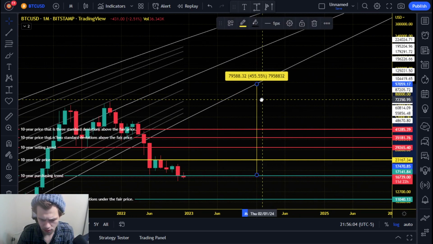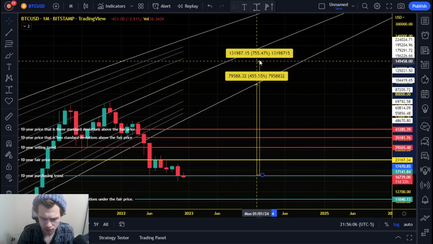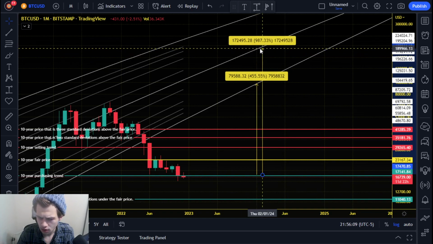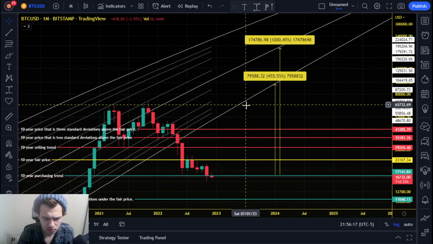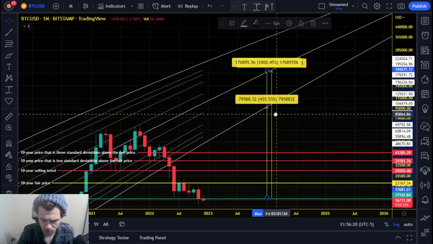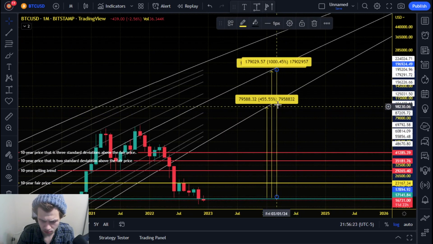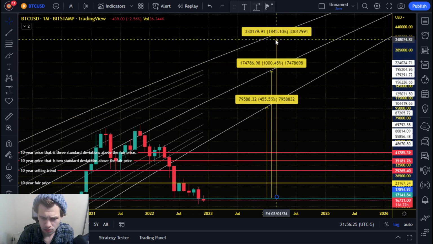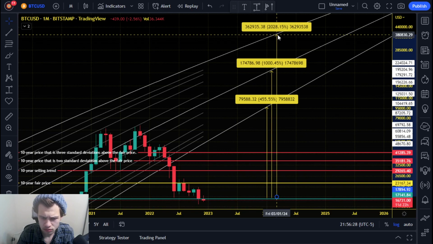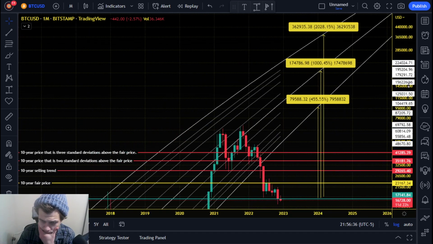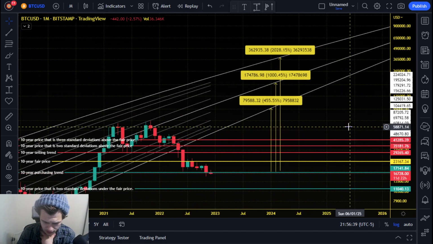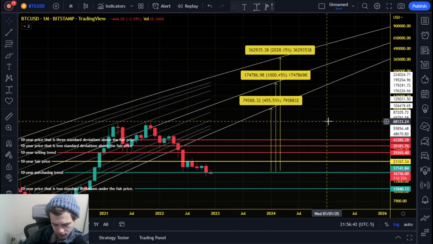Then the median range would be something to the extent of 192K. Higher end range 380K. And these are the predictions for the end of 2023.